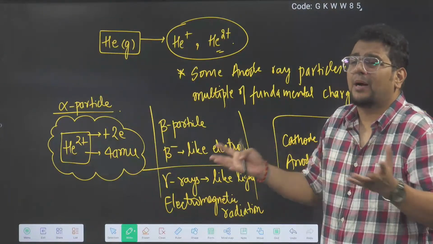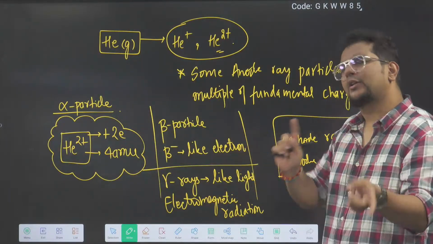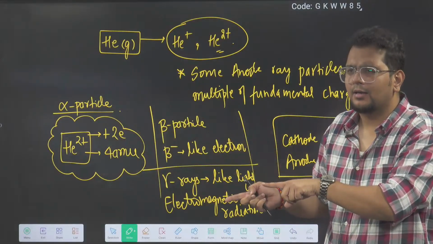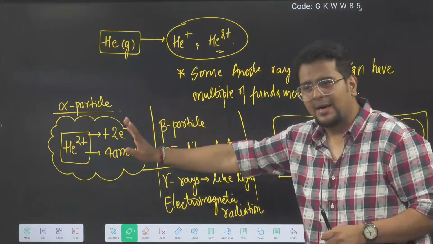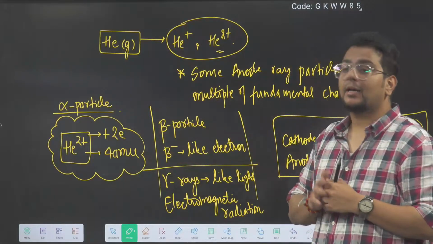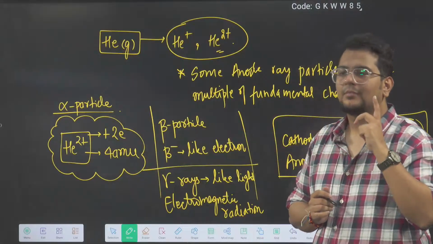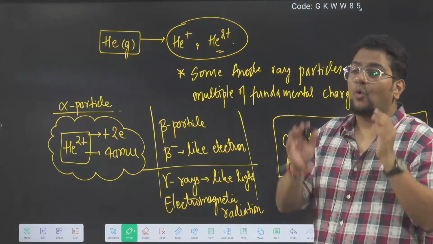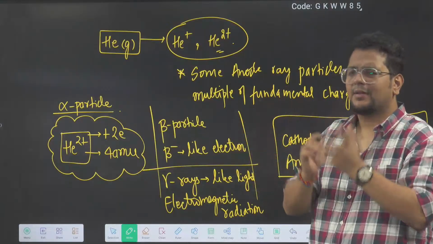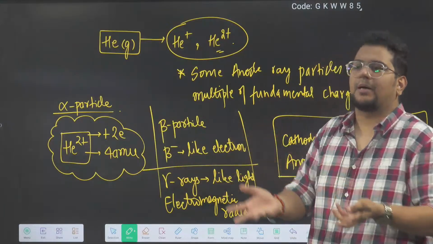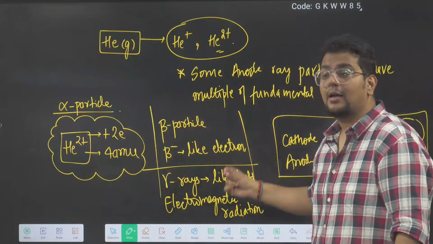It does not have any particle, we say. Energy packet there, photon there. You will learn in the next class by Planck's quantum theory. But alpha is a particle, beta is a particle. We don't say gamma particle. We say gamma rays. As per old theory, classical physics, gamma does not have any particle. It is just energy radiation.